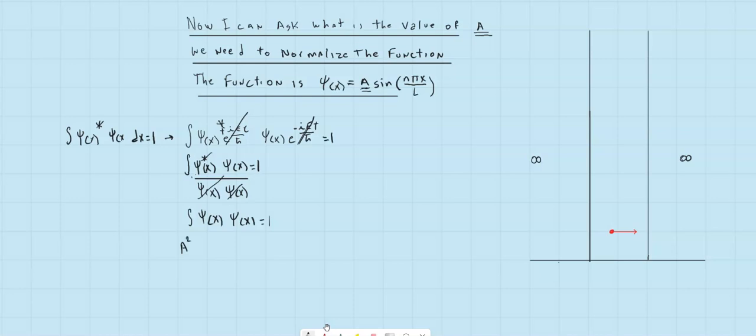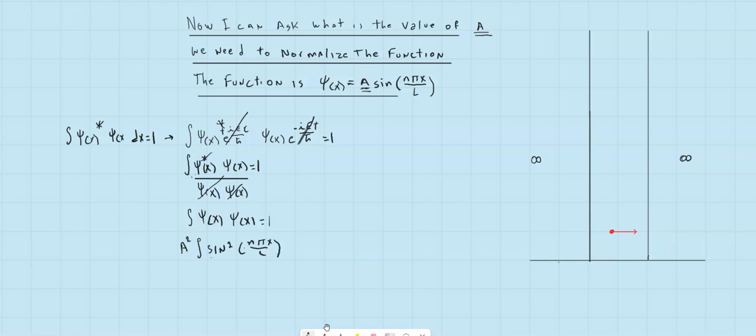And I'm going to get what? The integral. That'll be sine squared of what? Of n pi x over L, over L.